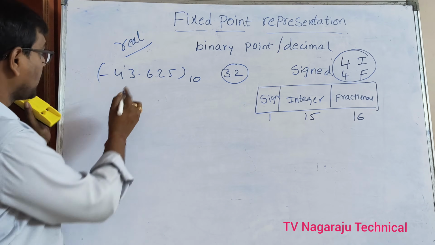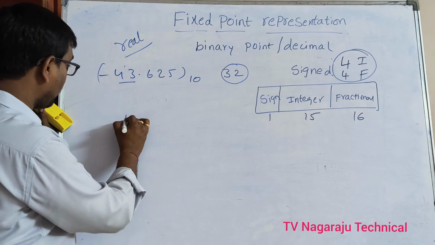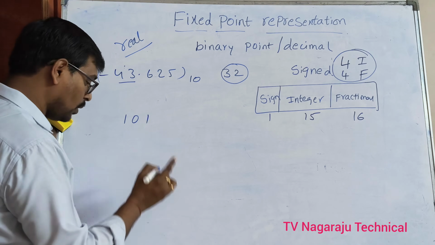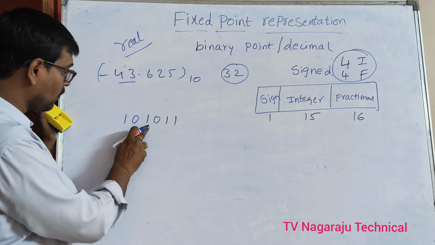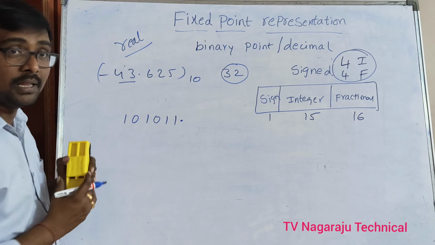I am just doing the representation. What is the value of 43? 43 is 32 plus 8, 40, plus 2, 42, plus 1, 43. This is the representation of 43.